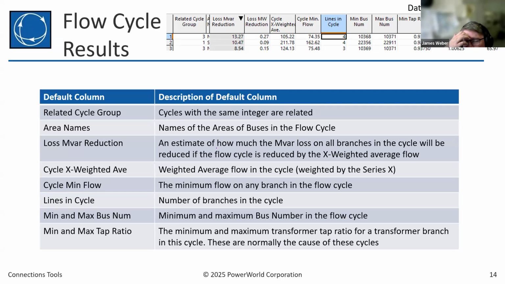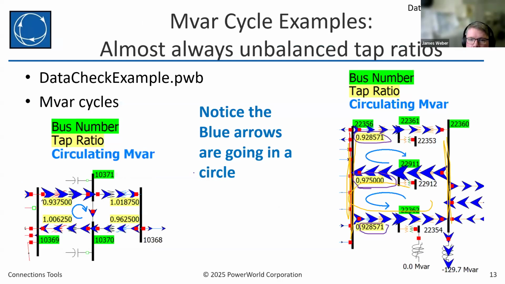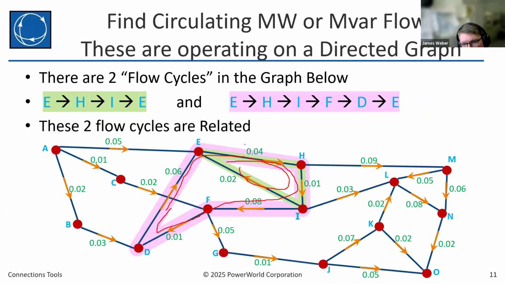It's a good way to rank which circulating cycles are most important. There is a column that says what is the minimum flow in the cycle. So for instance, if these green values here represented megavar flows, the minimum flow in these cycles would be this 0.01.